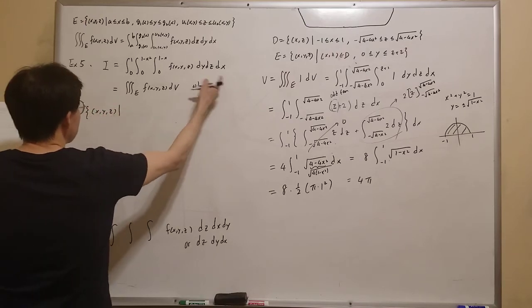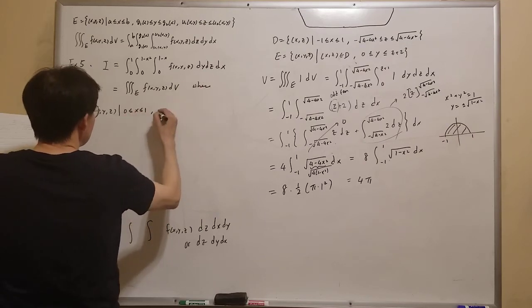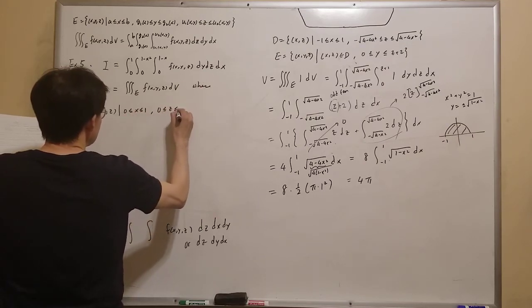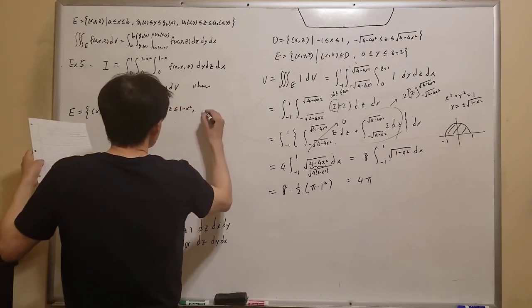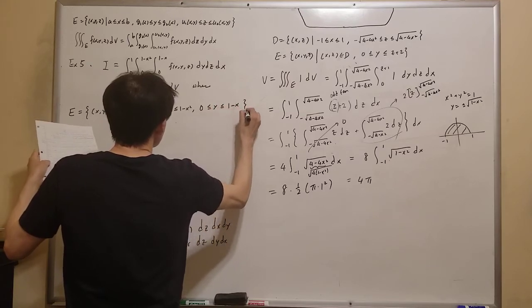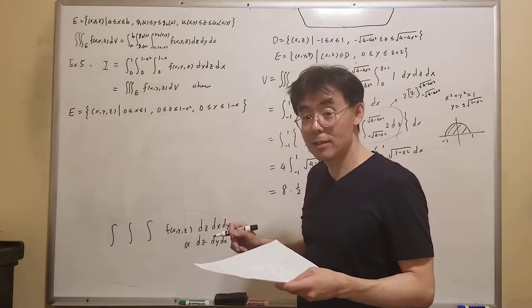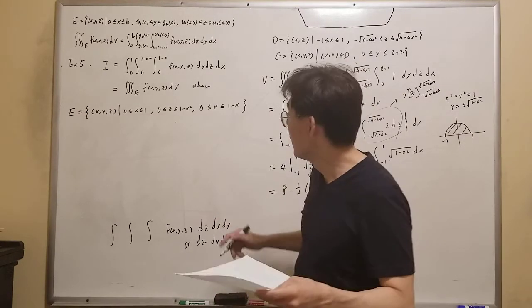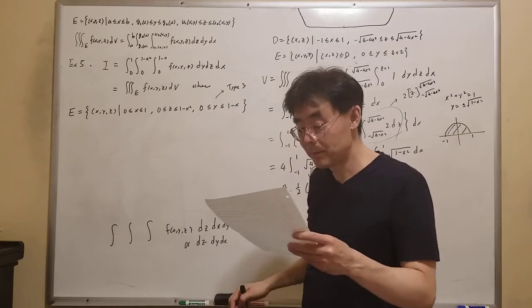For given x, z runs this, and then for given x, z, y runs something. It is given as type 3, right?